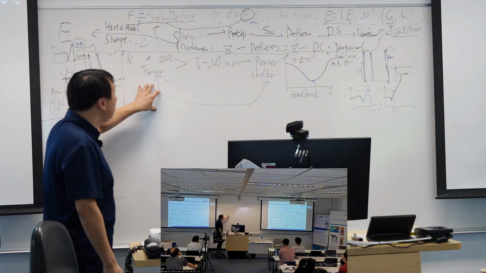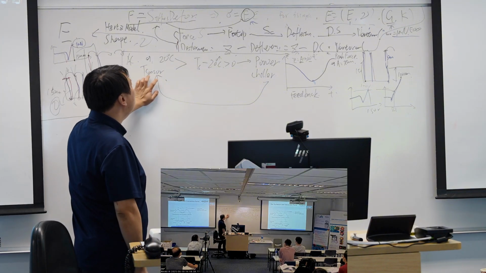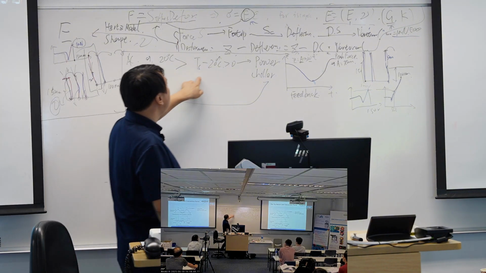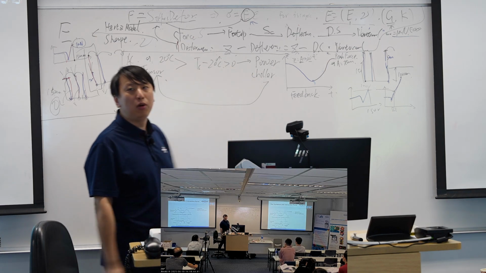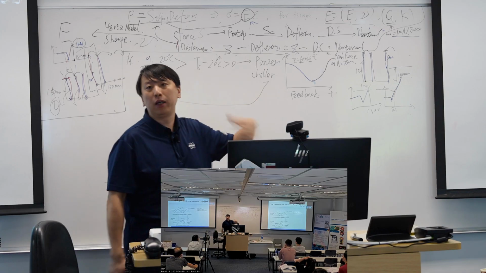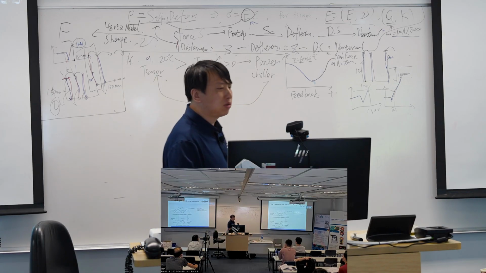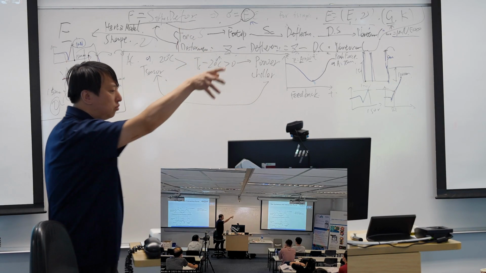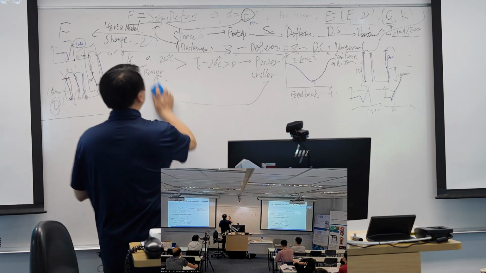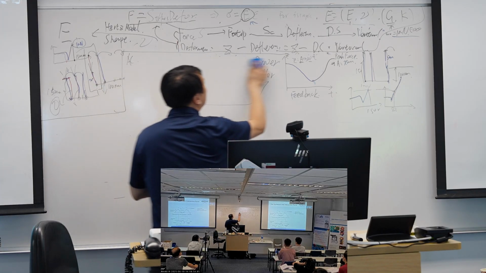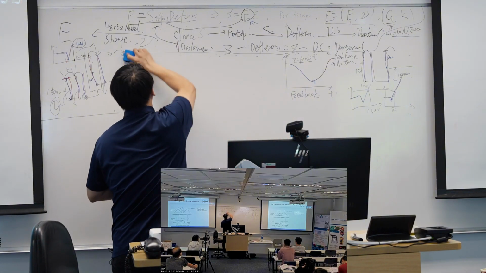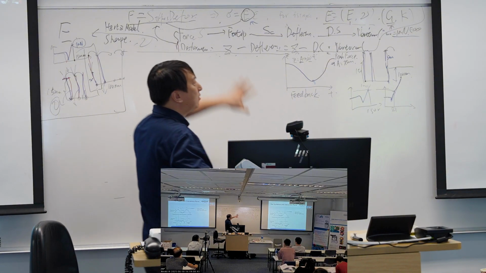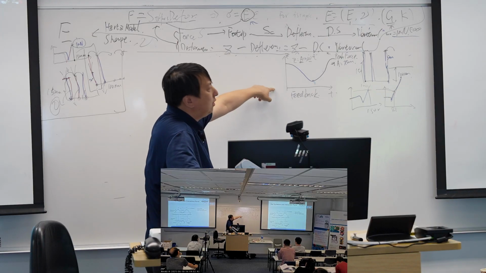Until the temperature sensor reads 20 degrees C, it means it reached your set point, then the chiller will stop working. That's how we control the temperature in this room. I want to use the same concept here.